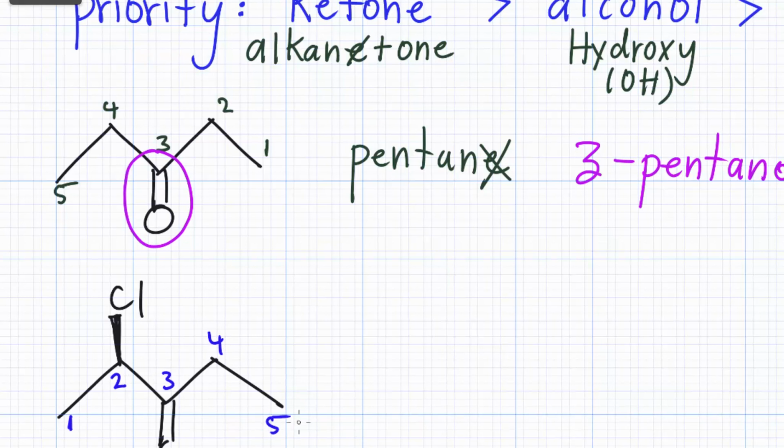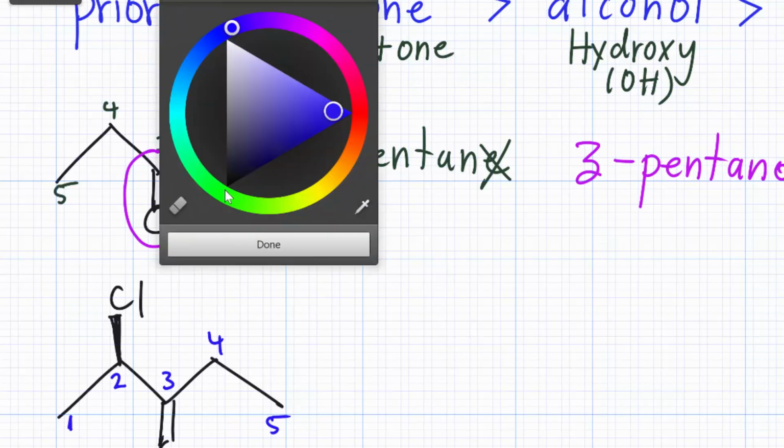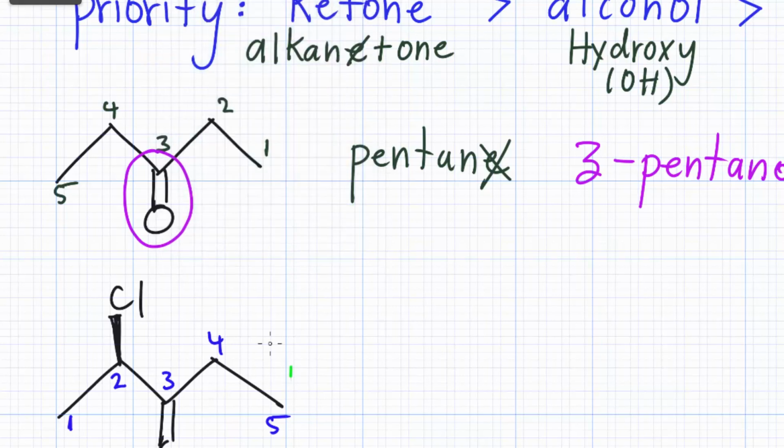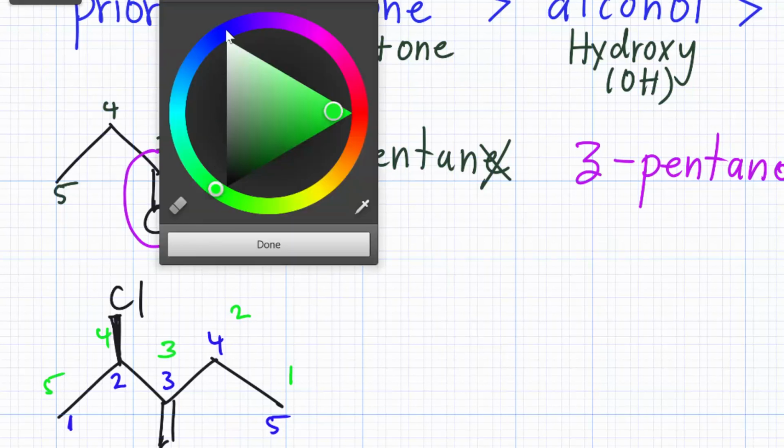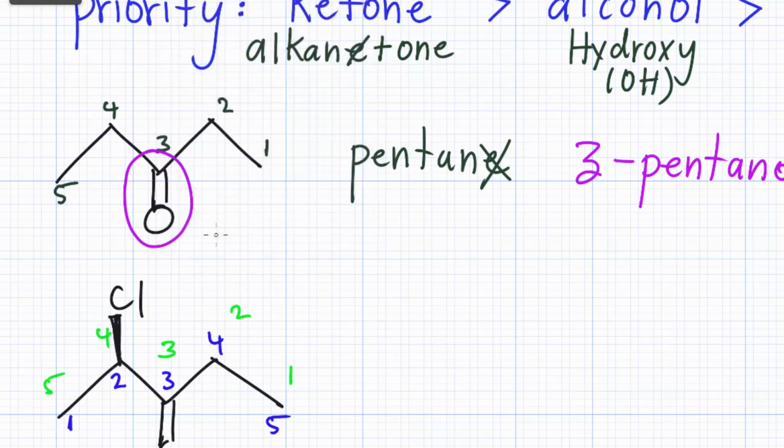Okay, we get to a substituent on carbon 2 as well as the C double bond O on carbon 3. So even though we get there on both directions, we have a substituent on 2 that we can include in the name with a lower number.